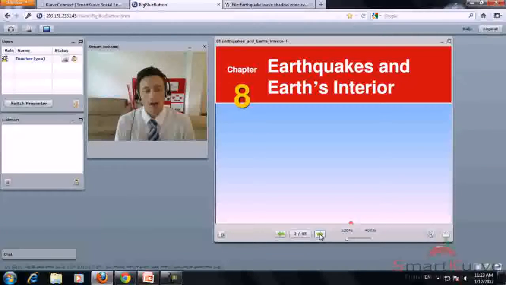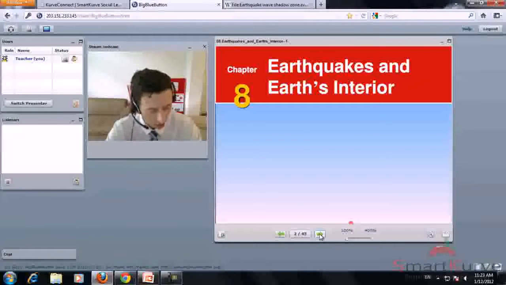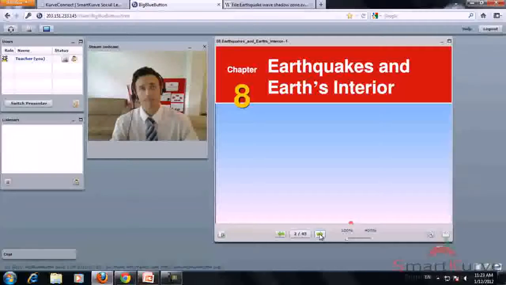Before we get started, I think we should review some of the things that we talked about in Chapter 5. Remember, in Chapter 5, we started to talk about this idea of plate tectonics. And we learned a couple of important things there. Remember, we learned that the Earth's surface is actually made of these large plates of solid rock that we call the lithosphere.